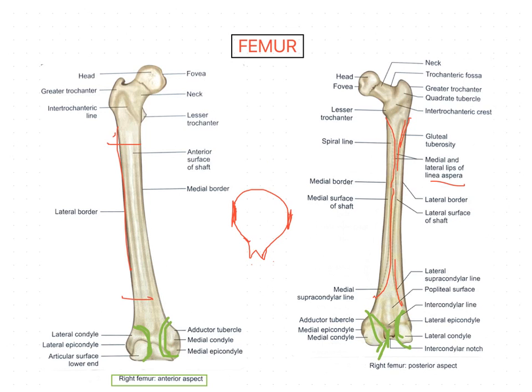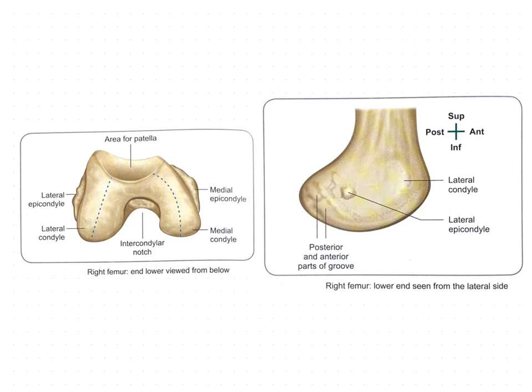On the posterior aspect we can see the intercondylar notch. We will see the lower end separately. So you can see this one is the medial condyle and the lateral condyle, and these two are separated by the intercondylar notch.